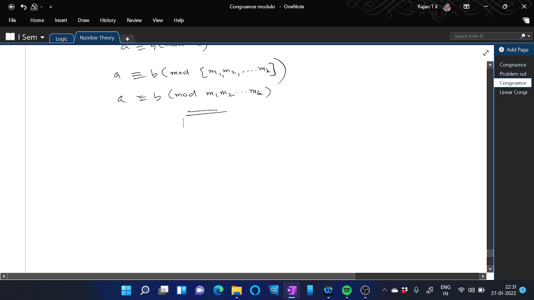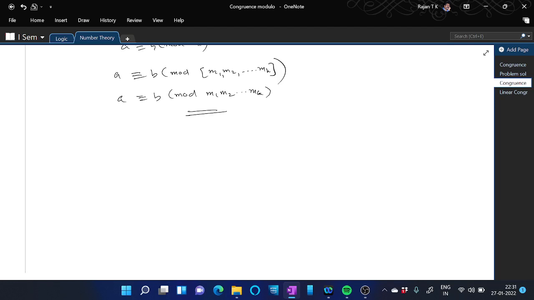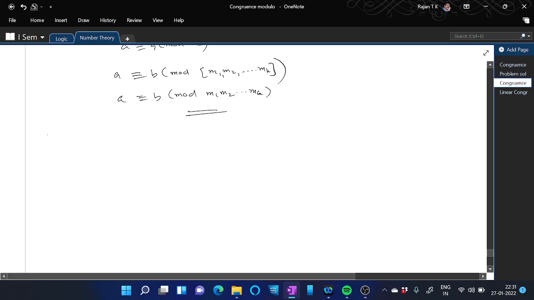Now we have many problems in the exercise under this section. One of the types is to rewrite the sentence given using congruence relation.